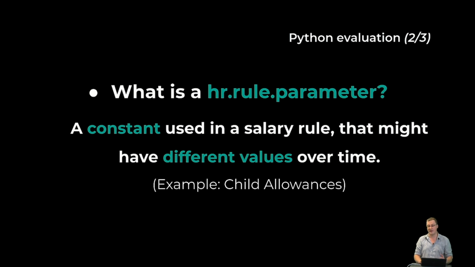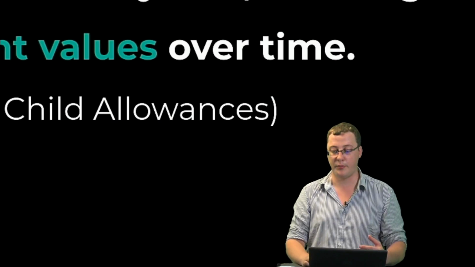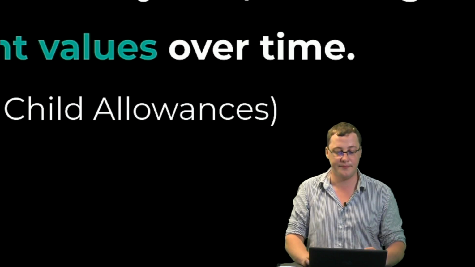This parameter is a constant used in a salary rule that may have different values over time. Example, the child allowances. In Belgium, some parameters are modified every 3 months, for example, and then this mechanism is very useful to create a payslip for an arbitrary period while being sure that the computed payslip lines are correct for this period.